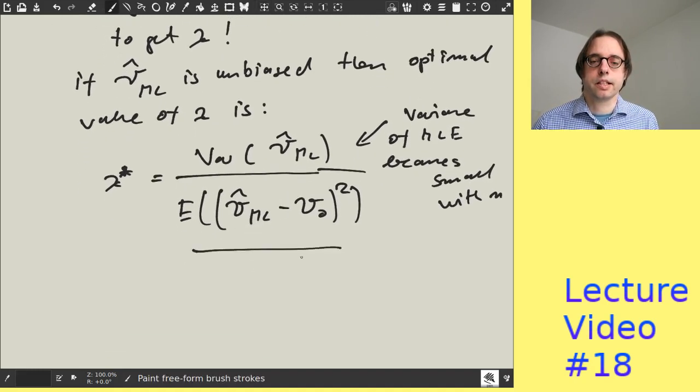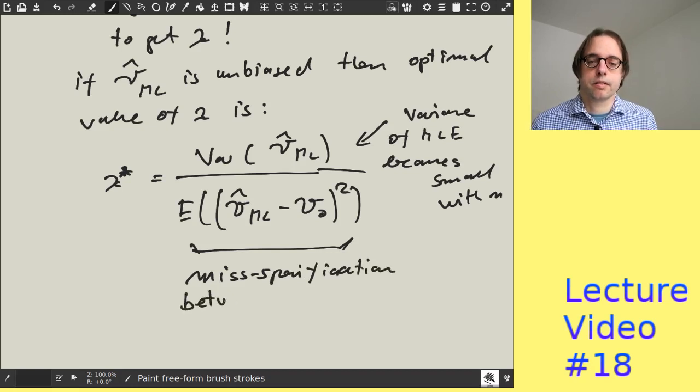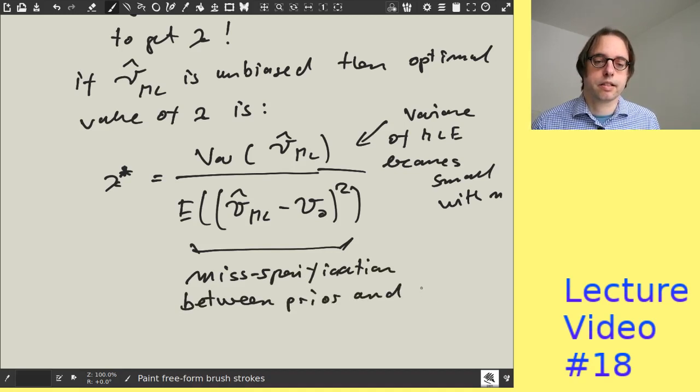And this thing here is the misspecification between prior and MLE.